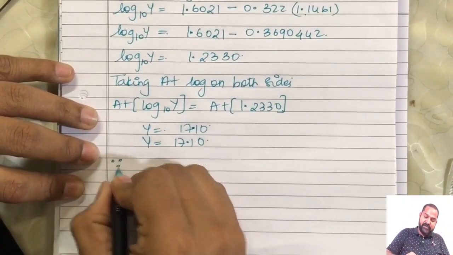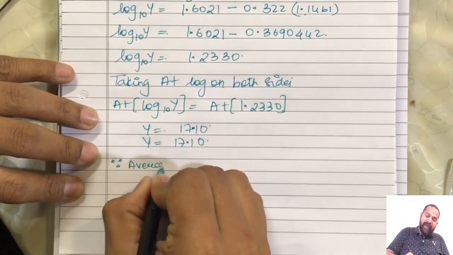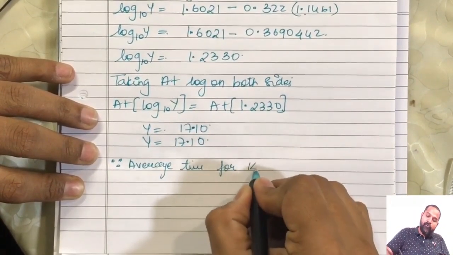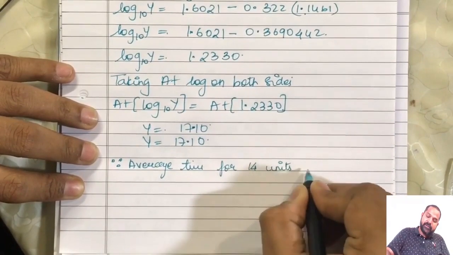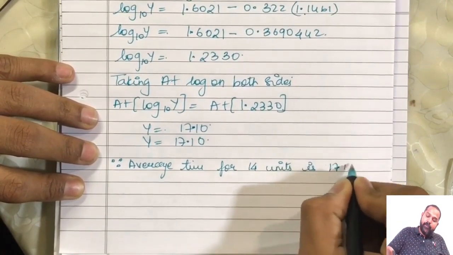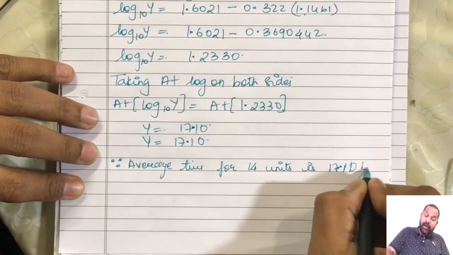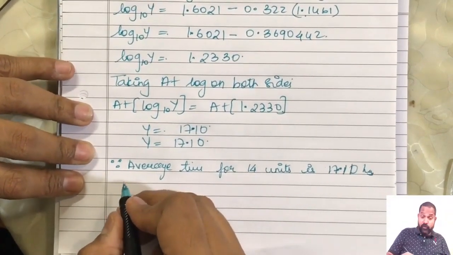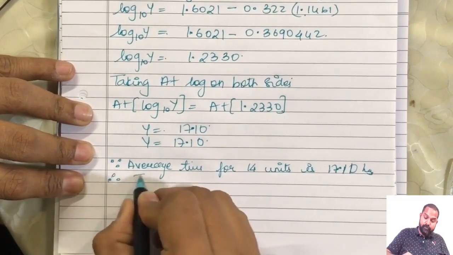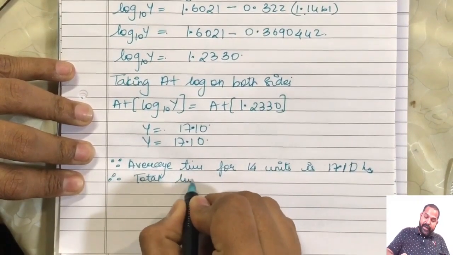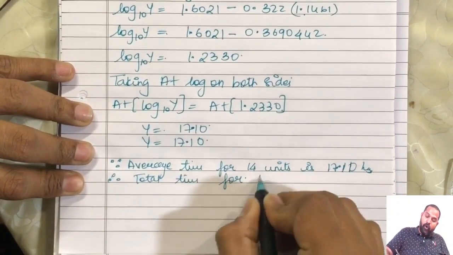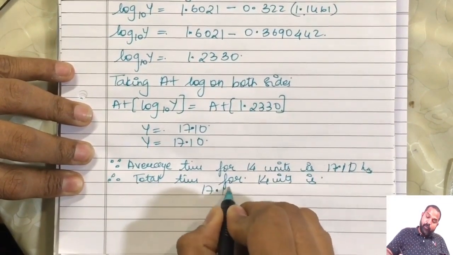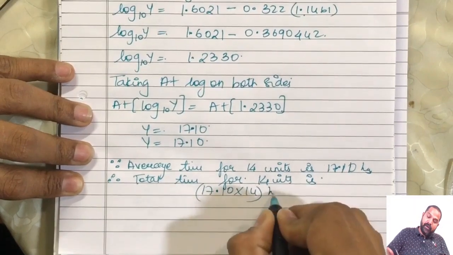So since the average time for 14 units is 17.10 hours, therefore total time for 14 units is 17.10 into 14 hours.